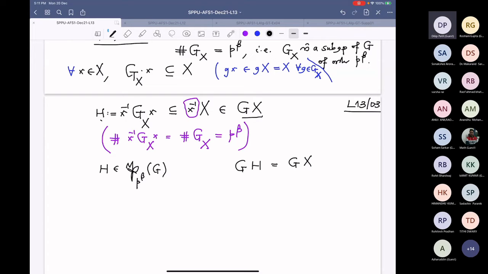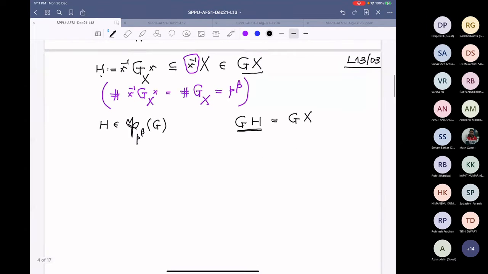All right. Okay, but now can you tell me what is the orbit of this H? They are all left cosets, isn't it?